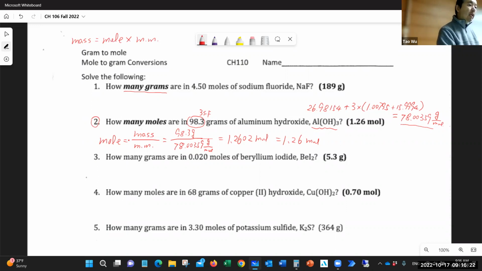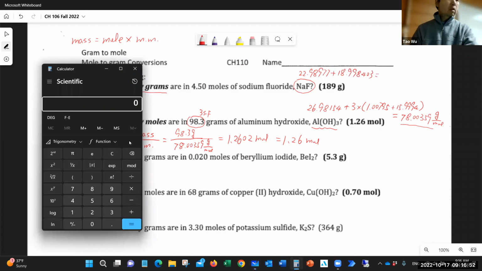Now, before you do this, you have to figure out the molar mass for sodium fluoride. Sodium is 22.98977, plus fluorine, which is 18.998403. Wow, that's pretty big.